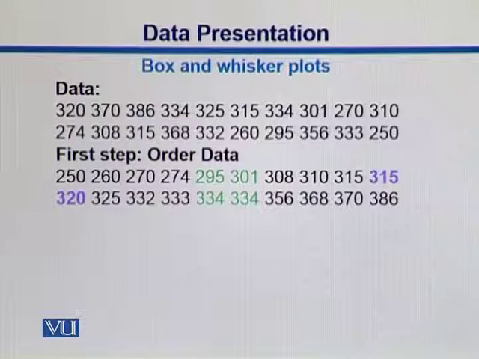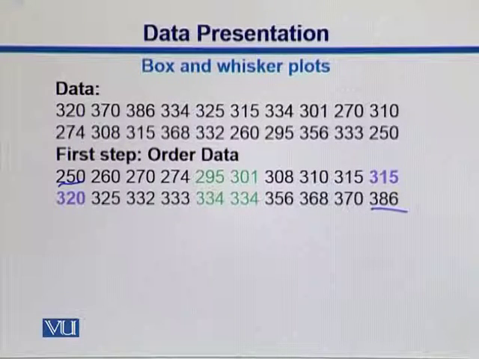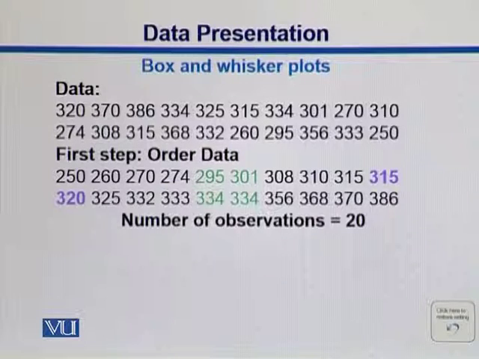What we do next is order this data. We have the minimum value, which is 250, and the maximum is 386, and in this data set we have 20 values, so the number of observations is 20. Next we try to get the middlemost point. Up till here we have the 10th and 11th values, so we try to get their median.